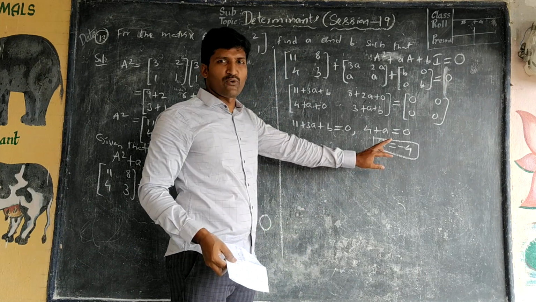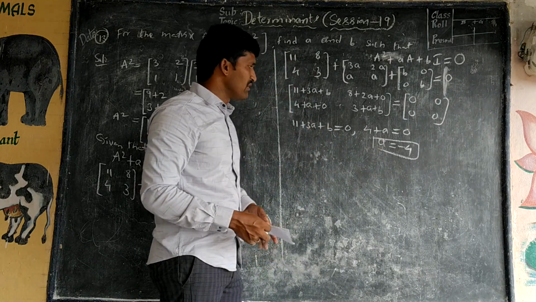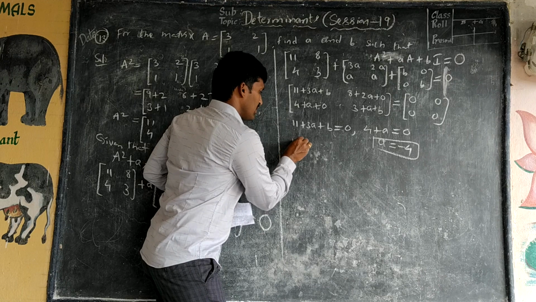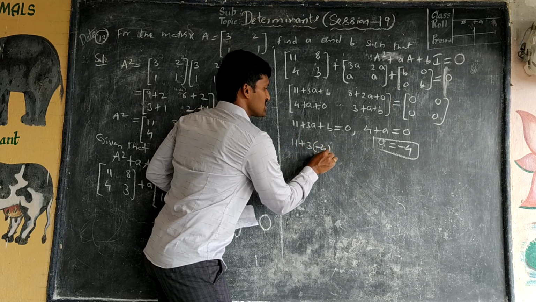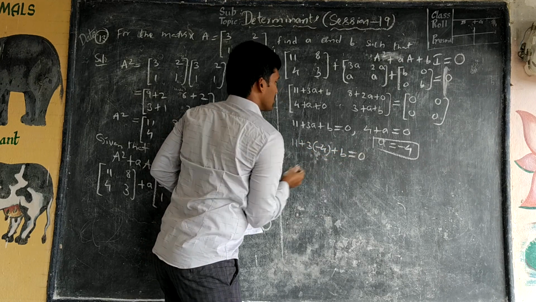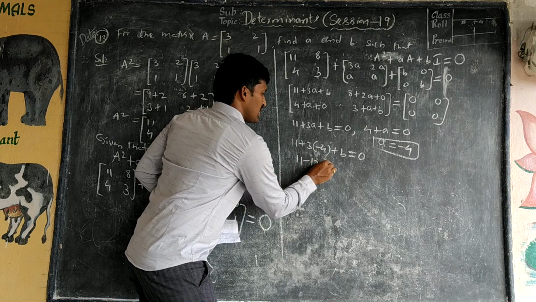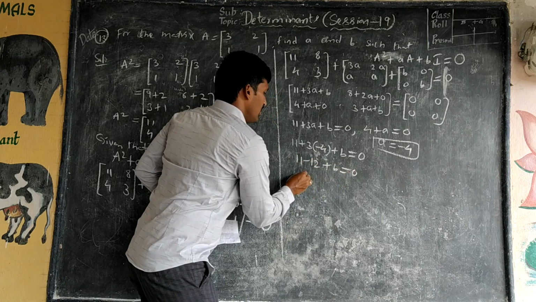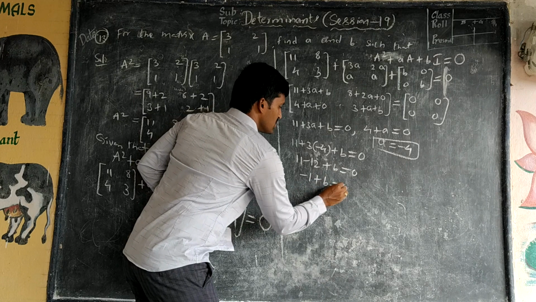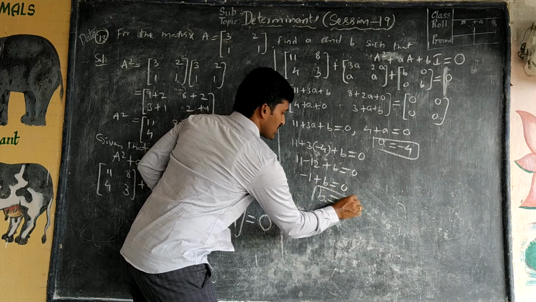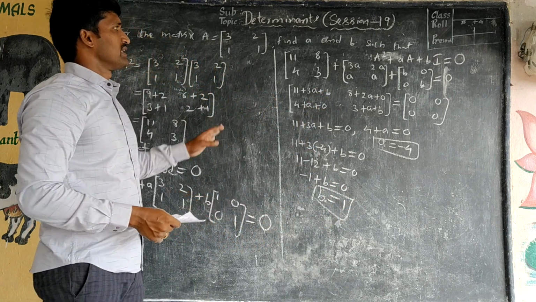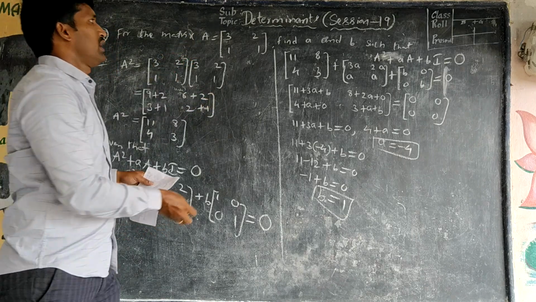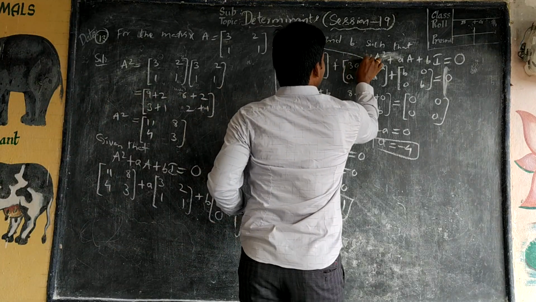This a equal to minus 4, substitute in this equation and you will get the b value. Now here 11 plus 3 into minus 4 plus b equal to 0. 11 minus 12 plus b equal to 0. Minus 1 plus b equal to 0. How much b value did we get here? 1. This is the simple way to find the small a value and small b value from the given equation.